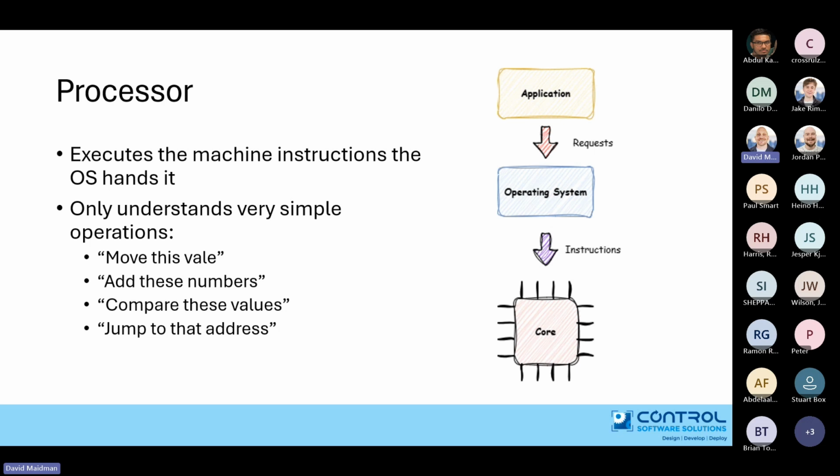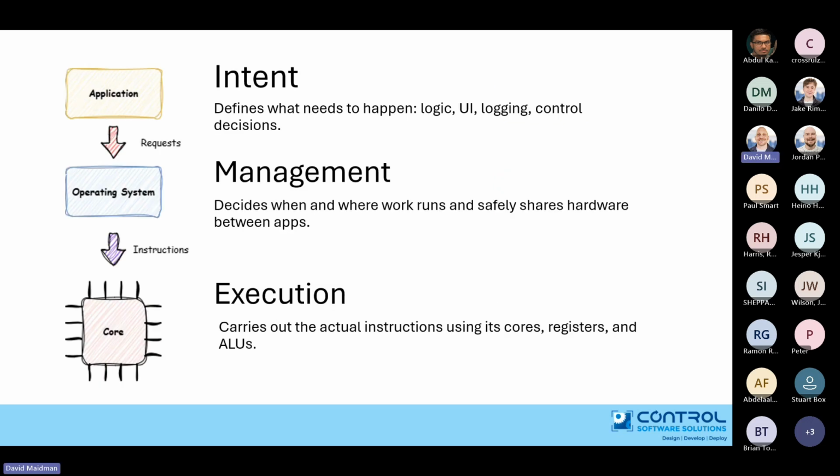Very simple things, so it's not clever at all. All it can do is move values around, compare values, go to an address, and so on. It does it well, but it does it slowly.